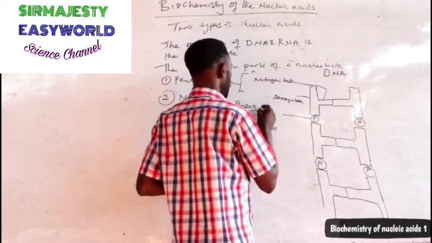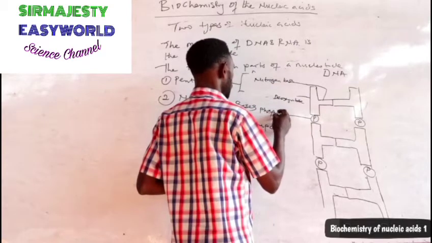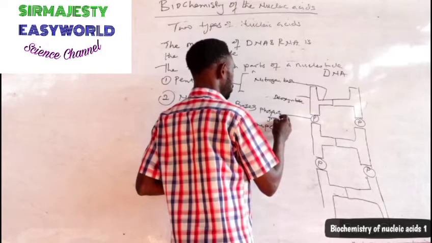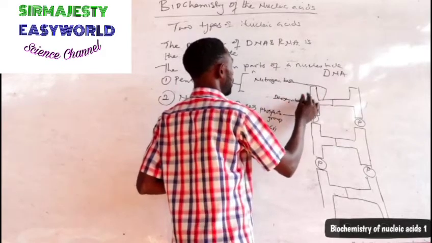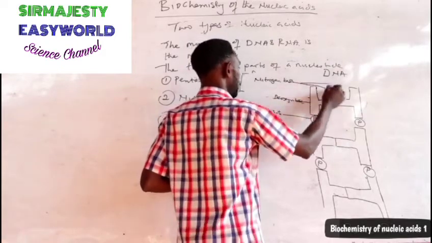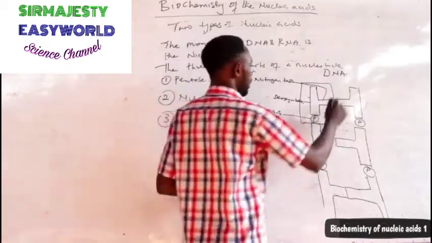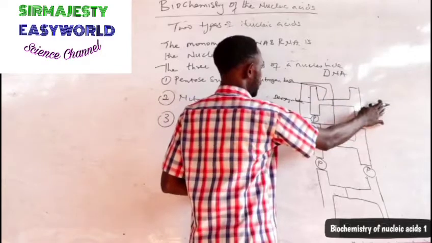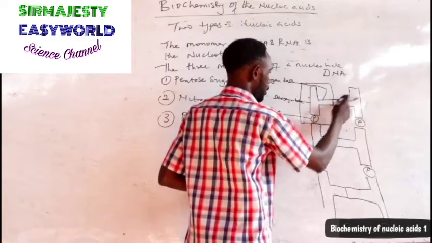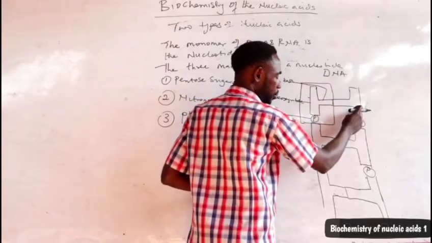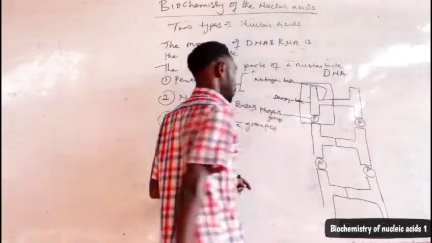Then here is the phosphate group. So if you circle this out, this is just a nucleotide. This is now another nucleotide, because this is the base, the pentose sugar, then the phosphate group.